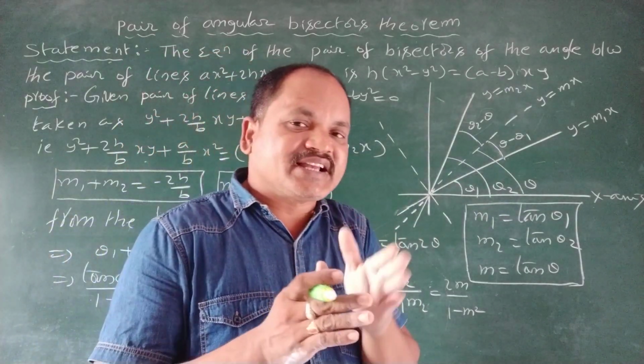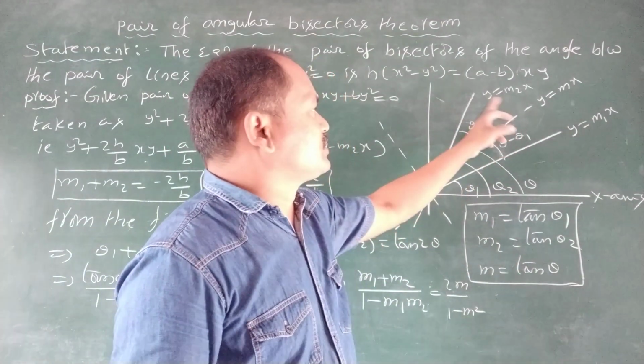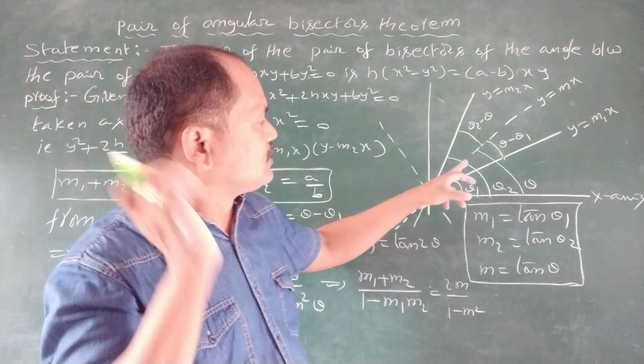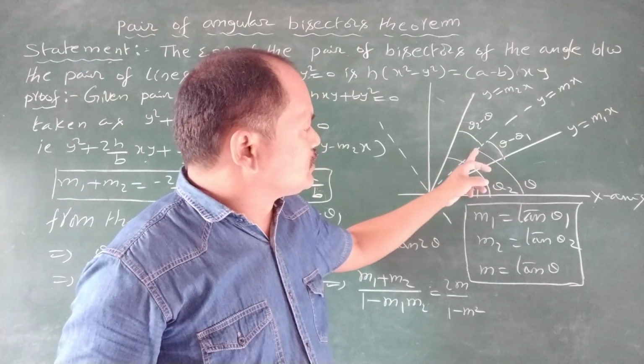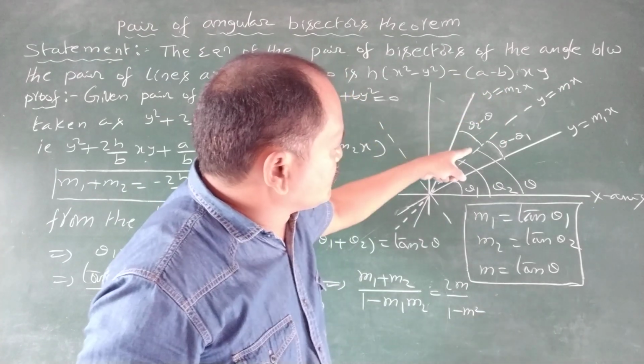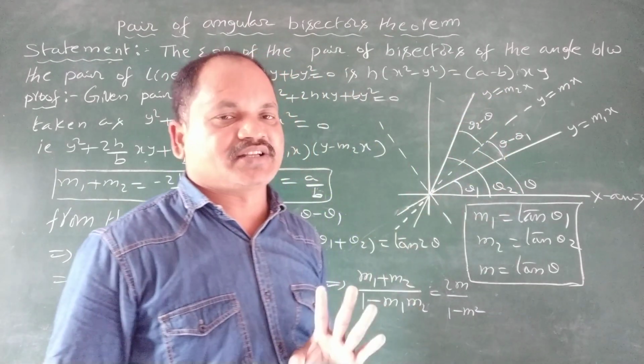Now the bisector divides the angle into two equal parts. That means this part is equal to this part. This gap and this gap are equal. Now observe, this is total theta. Now the required part is total theta minus theta 1. This is theta minus theta 1.